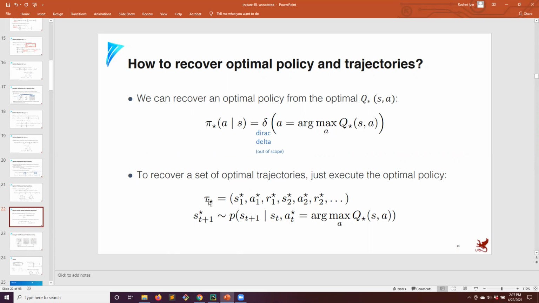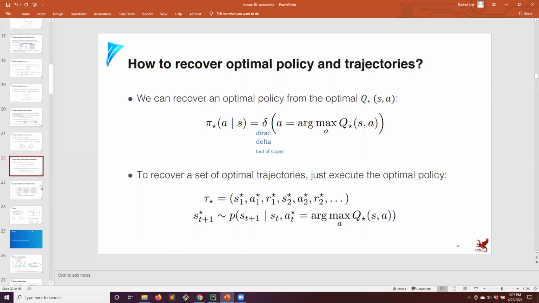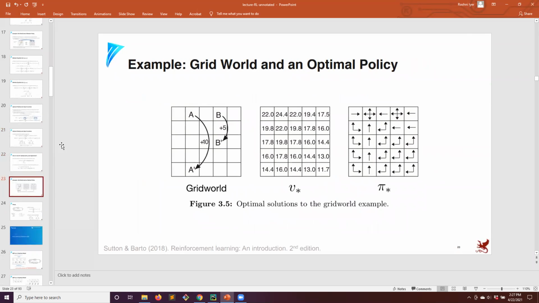So just to remind you again, the optimal trajectory is the set of variables, which are the state, the action, and the reward for all of the different states. And here's an example of the same grid world, but with an optimal policy.